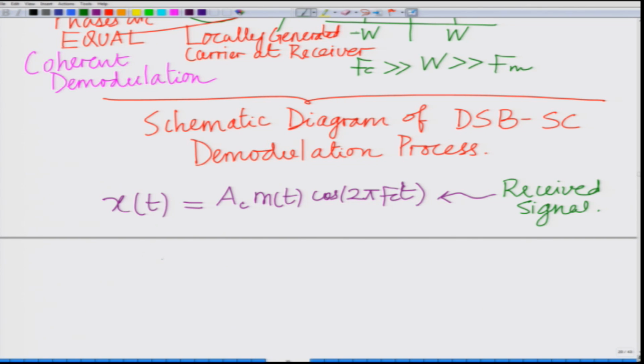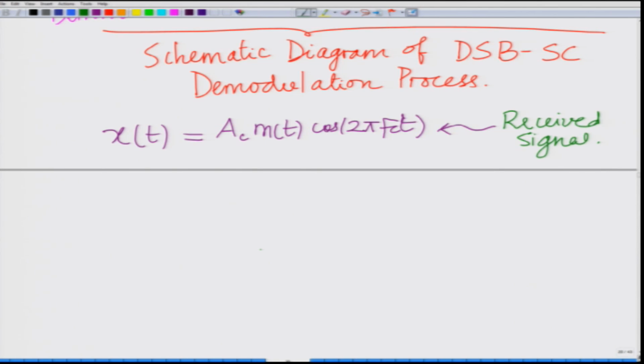Correct, and we have the carrier, that is cosine 2 pi FCT, correct.